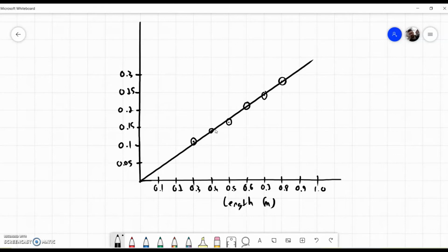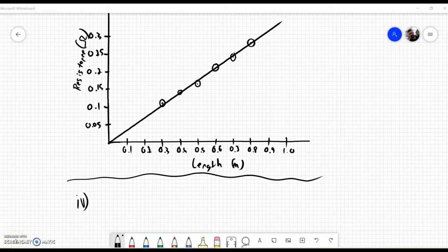One point here is a little bit above, this one here is a little bit below, and everything else is pretty much right on the graph. Just to make sure I have everything: this is my resistance written in ohms, my lengths are down there in meters, a straight line graph through the origin, and a good distribution as well. So that graph there will get you full marks.